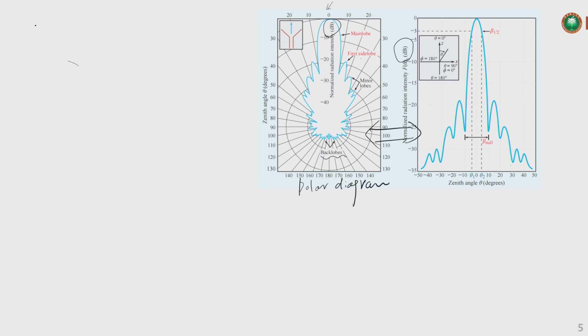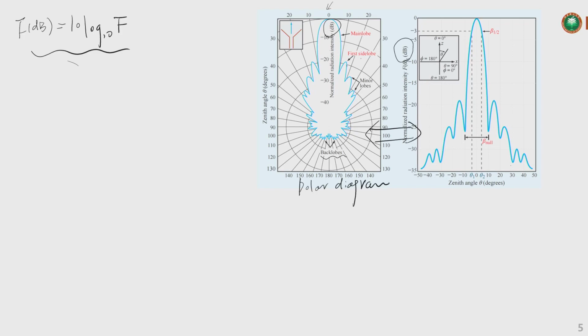So that means the F factor really should be expressed on the linear scale, so you transfer it to this one. This format is much more convenient for us to look at or to find the directional distribution of the radiation lobes. It's more convenient to pick up that one.